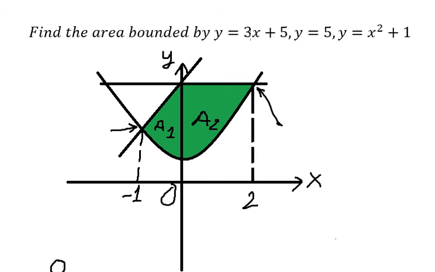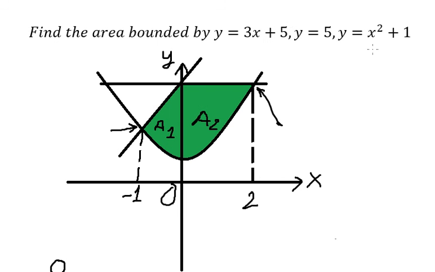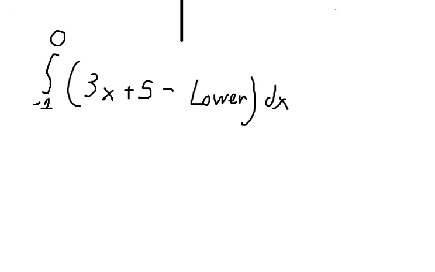So we know that it is upper minus lower. The upper is 3x plus 5. The lower is x squared plus 1.